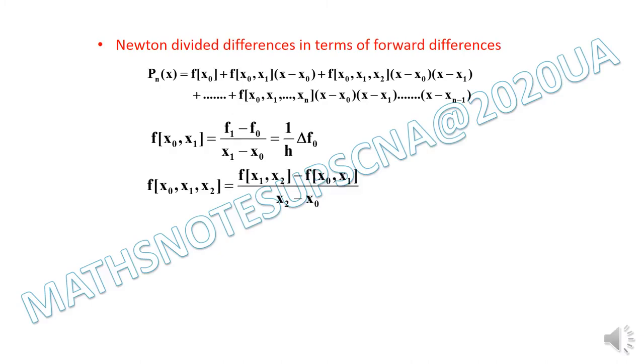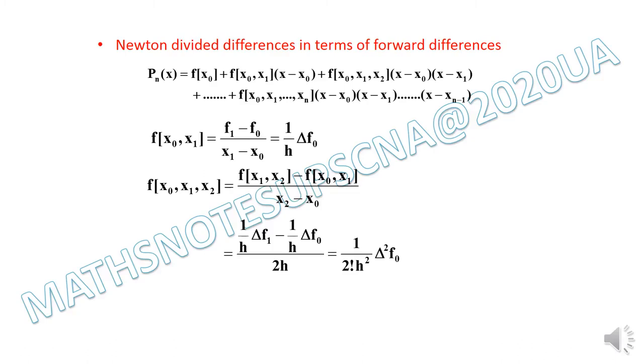Now we take 3 points, f[x0, x1, x2]. In divided differences we can write f[x1, x2], the last 2 points we have taken, minus f[x0, x1], the first 2 points, upon (x2 − x0), the last minus the initial point. In forward differences, the first term f[x1, x2] is (1/h) Δf1, and the second term f[x0, x1] is (1/h) Δf0, which we have shown in the previous step, upon 2h, because equally spaced, so x2 − x0 is 2h.